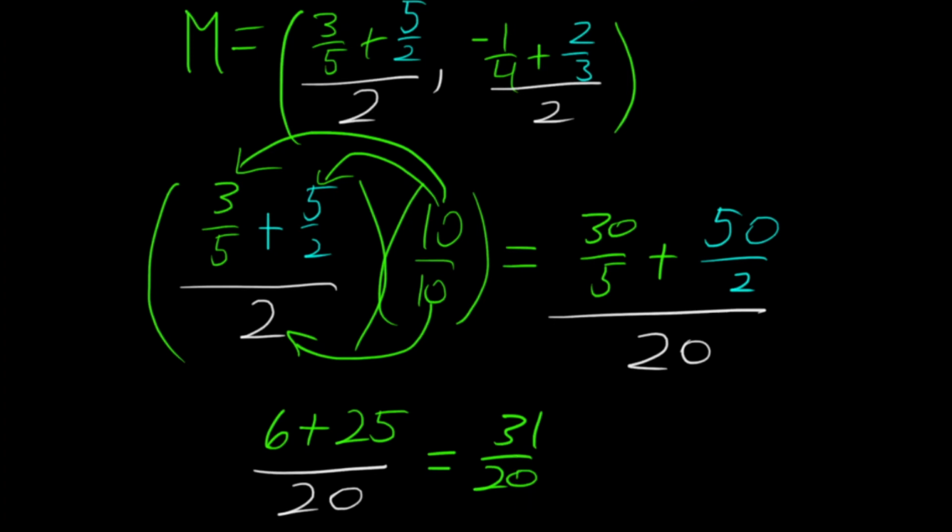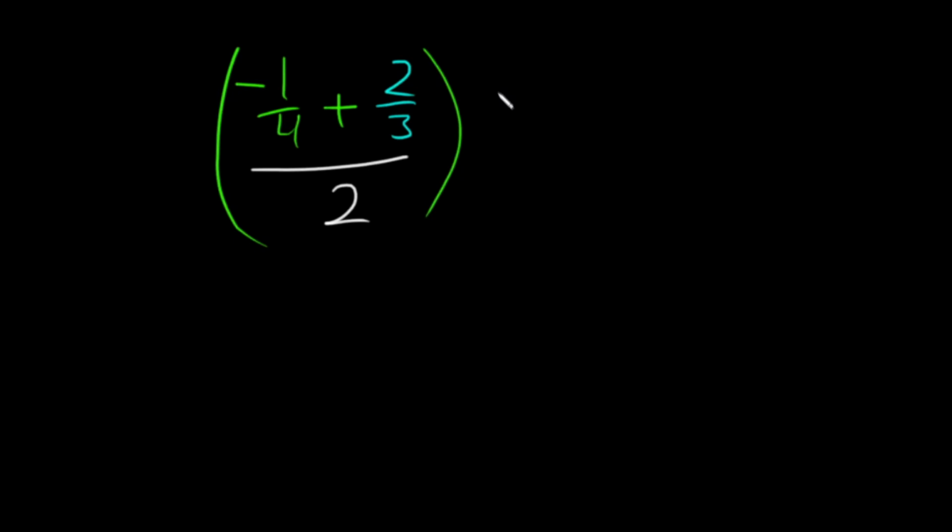Now let's work out the y point. The y values were -1/4 plus the y2 value, which was 2/3, divided by 2. So again, we need to find the lowest common denominator between 4 and 3, and that number would be 12. So we'll go ahead and multiply this entire fraction by 12 over 12.